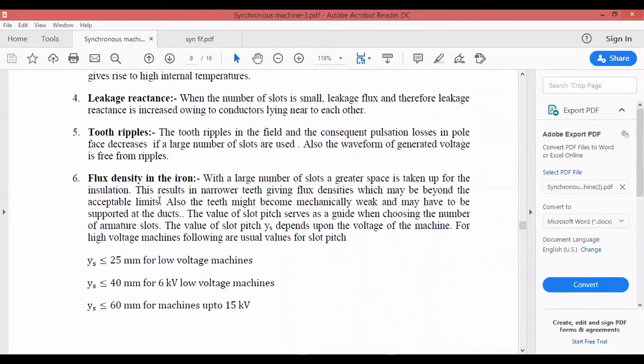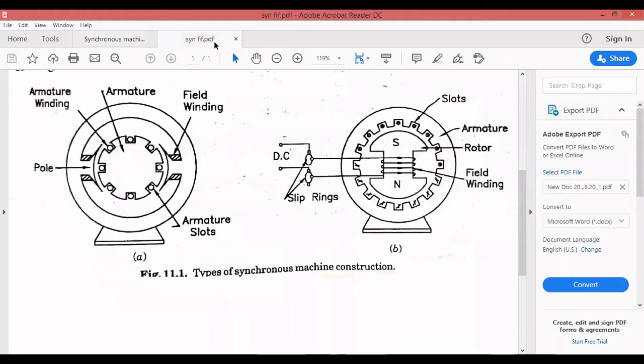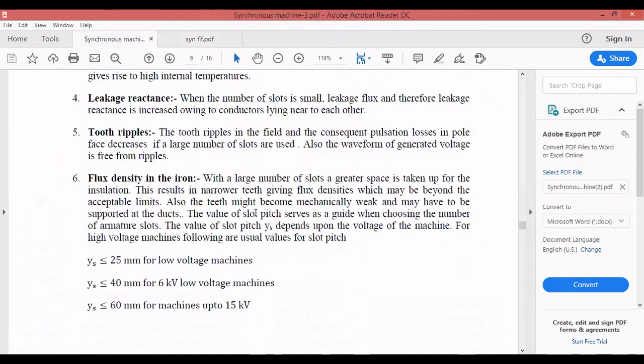If you go back to the figure here, these are the slots. If the width of the slot increases, then what will happen? The teeth, or tooth, this one, will become narrower, and this should not happen. If the tooth becomes narrower, then the flux density will be beyond the acceptable limits.